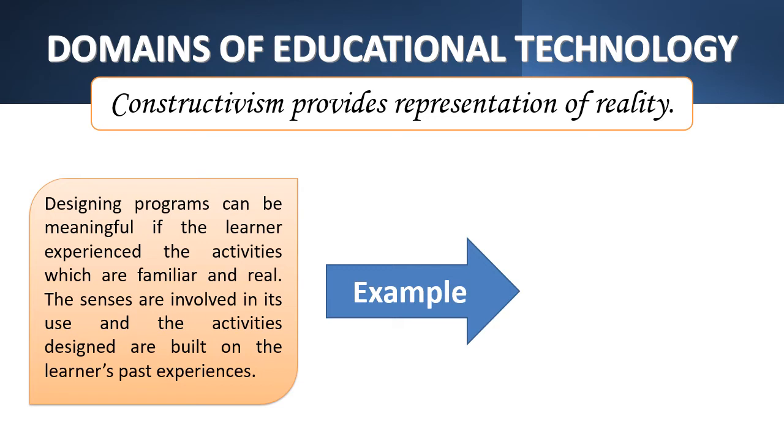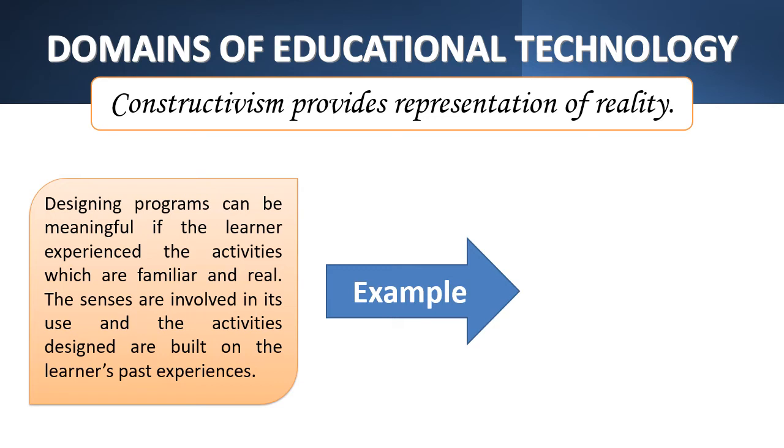So again, designing programs can be meaningful if the learner experiences the activities which are familiar and real. And that's the good thing about physics, because it depends on the teacher. In physics, everything happens every day, and those are examples of physics. So you can actually choose that as an example. So the senses are involved in its use and the activities designed are built on the learner's past experience.